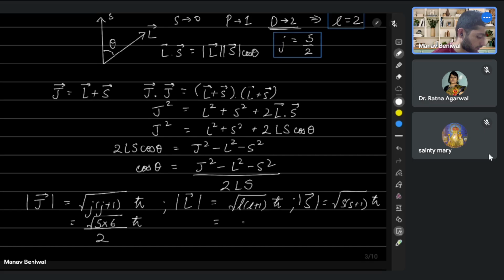L is 2, so this will be under root 6 h cut, and S is 1 by 2, so this will be under root 3 by 4 h cut.